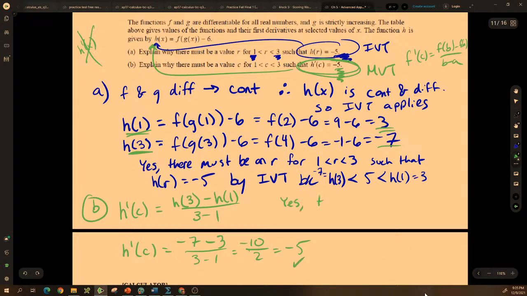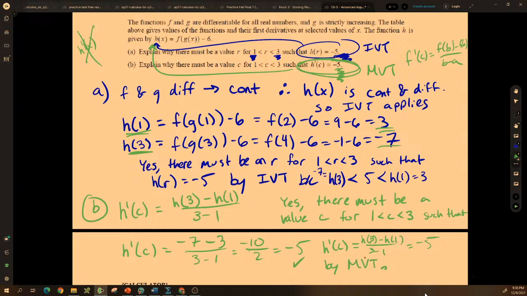So we can say, yes, there must be a value c for 1 is less than c less than 3, such that h prime of c. Now I could, if I want to really show all of my work, I could say equals h of 3 minus h of 1 over 3 minus 1, which is equal to negative 5 by MVT.